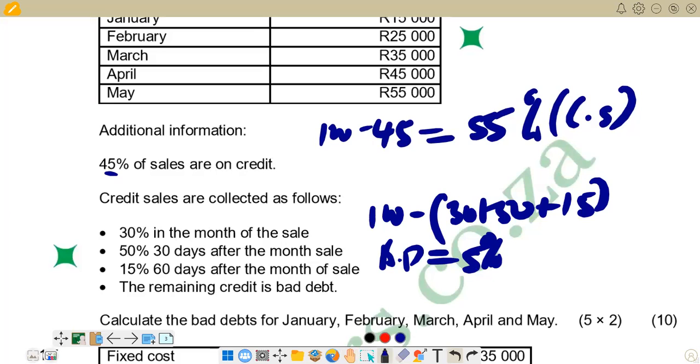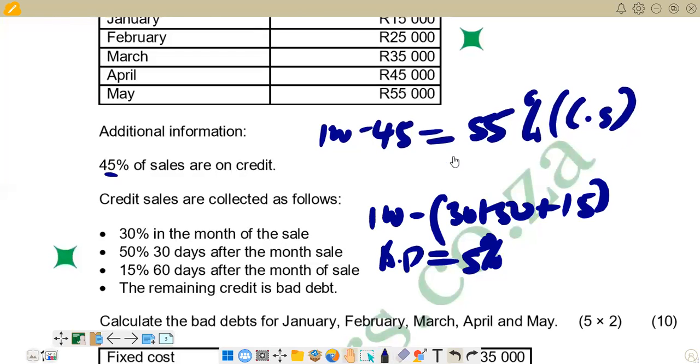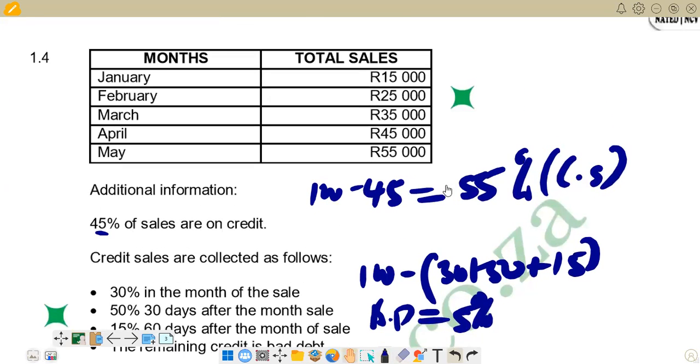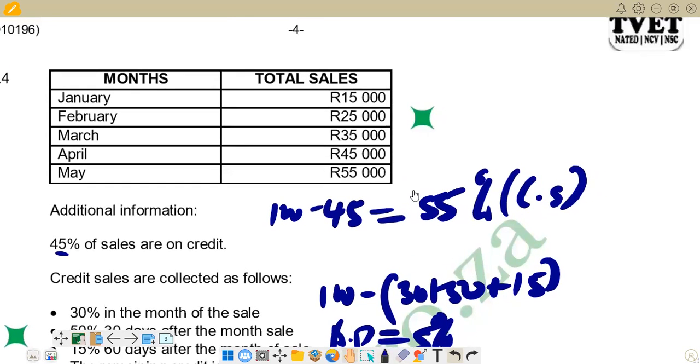So what we can do there is simply try to add a column so that we calculate the bad debt component. Now this is bad debt.